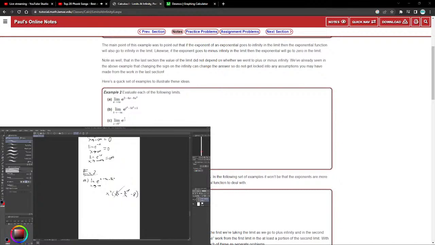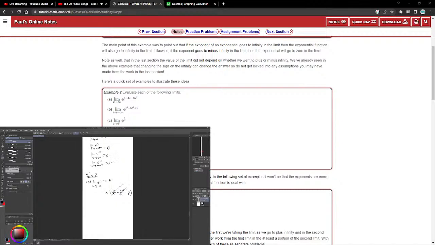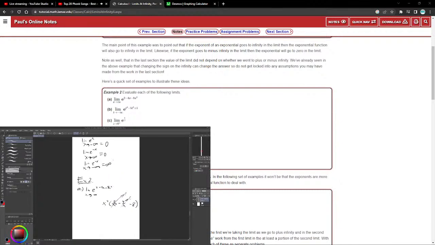Approach 0. It would be e to the power of negative infinity, so 0.